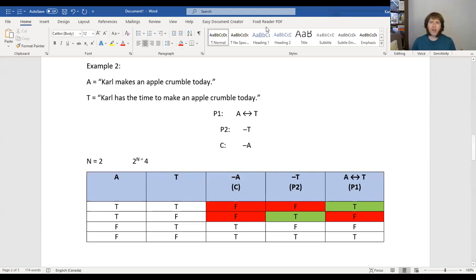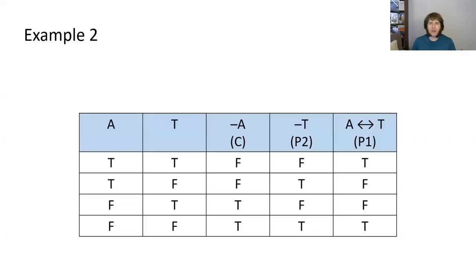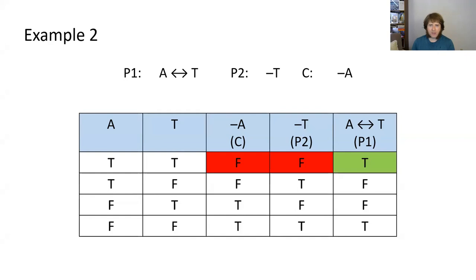Okay, let's go back to our slides here just to see that same result. We've got the same thing going on, same argument: a biconditional, T, not T, so not A. We've got the same truth table here, and we have the same result. There are only 2 rows where the conclusion is false, rows 1 and 2. And in each of those rows, there's a false premise.